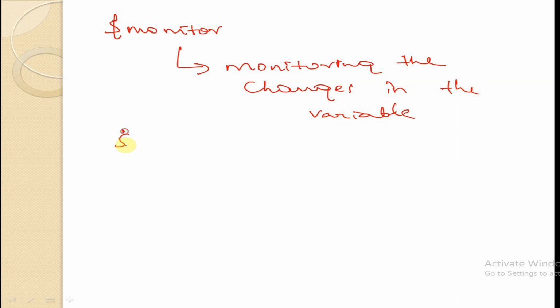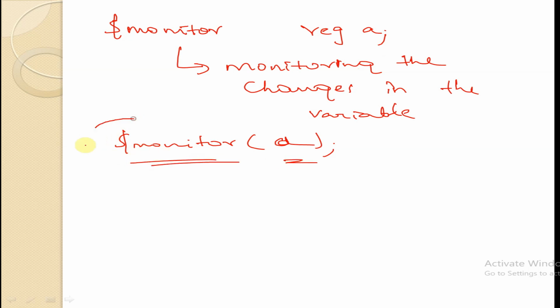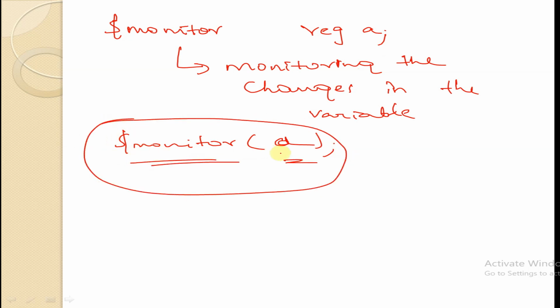Suppose we declare some register a, and if we use $monitor a, then this task will keep on monitoring the value of a. If there is any change in the value of a, then this task will display the value of a.